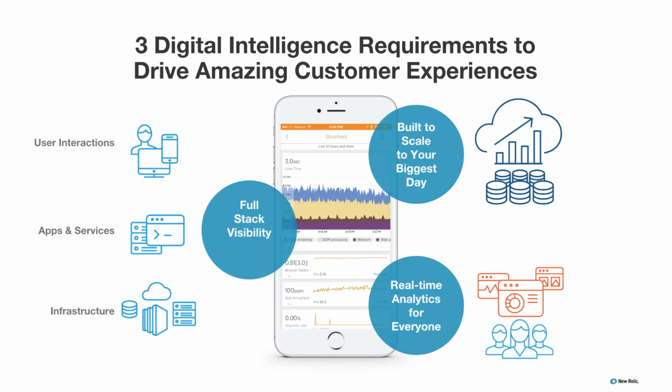The second piece to this is this information has to be available to you on your biggest days. We call these days your digital moments of truth. It could be Black Friday, it could be Super Bowl Sunday. Whatever your biggest day for your company is, you need visibility into what's happening right then and there. Because these days often not only make or break your company, but they can be pretty different to a normal Tuesday.